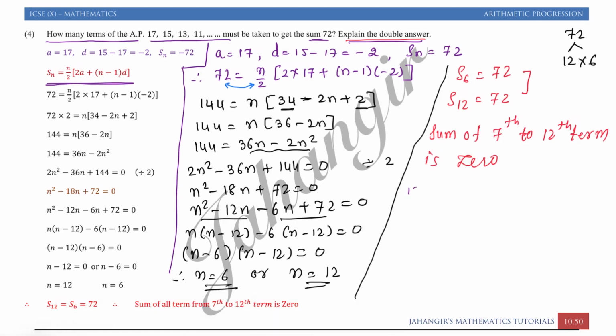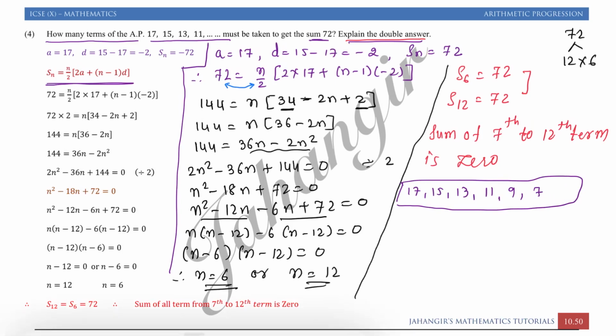We will just discuss 17, 15, 13, 11. It's decreasing by 2. After 11 we will get 9, after 9 we will get 7, after 7 we will get 5. So this is the first 6 terms. This is the sum of the first 6 terms.